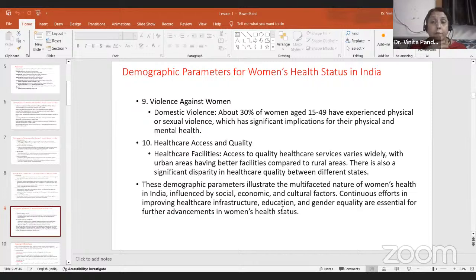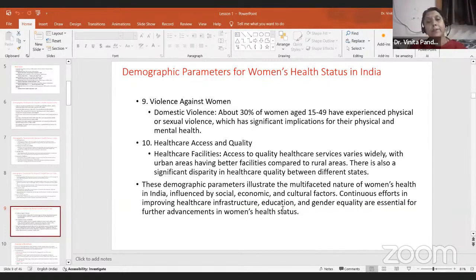So with regard to transgender women also, is the access to healthcare easily available? And if access is there, it is very good. But is the quality healthcare available? Is the next level of question, which helps us to analyze the status of women's health.